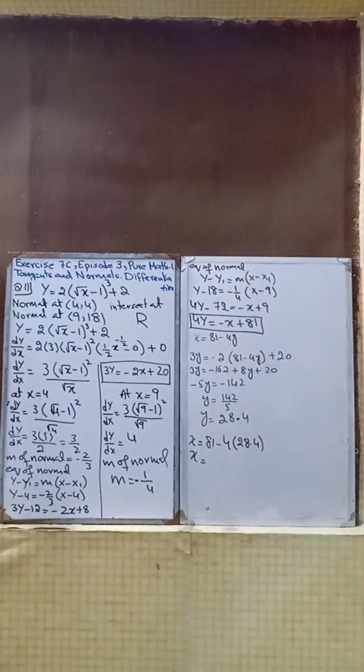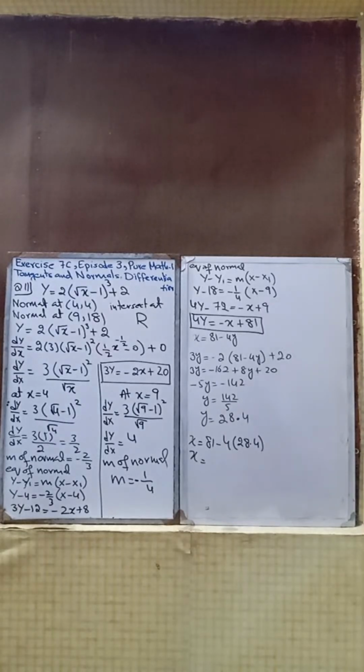I can use a calculator. Let me get a calculator. So this is 81 minus 4 multiplied by 28.4, and that is equal to 32.6.